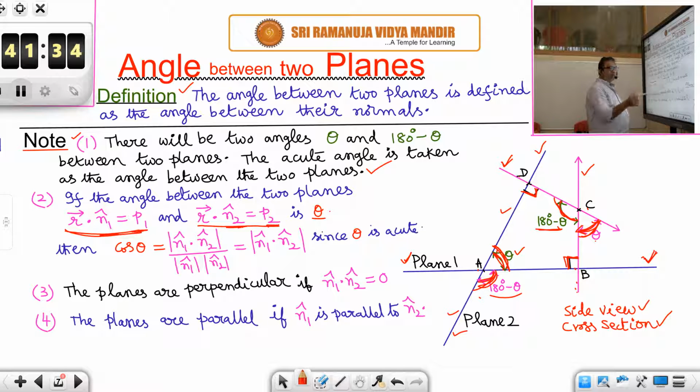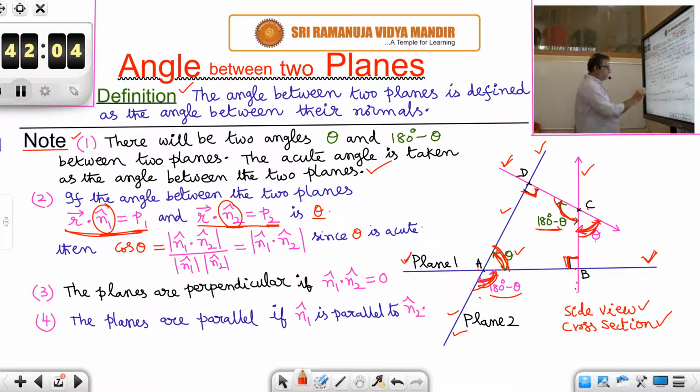the angle between the two planes is defined as the angle between the two normals. What are the two normals? n1 cap and n2 cap are the two normals. So therefore between n1 cap and n2 cap the angle is theta. Between the two vectors n1 cap and n2 cap, which are unit vectors, the angle is theta between them. So what is the formula for cos theta using dot product? Cos theta is equal to a bar dot b bar by mod a bar mod b bar.